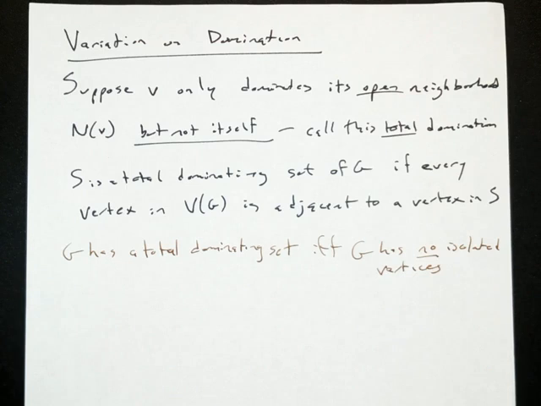I mean, think about it. Any isolated vertex is stuck being unable to be covered, because I'm only allowed to cover the open neighborhood. I can't cover it with itself, and there's nothing connected to it.